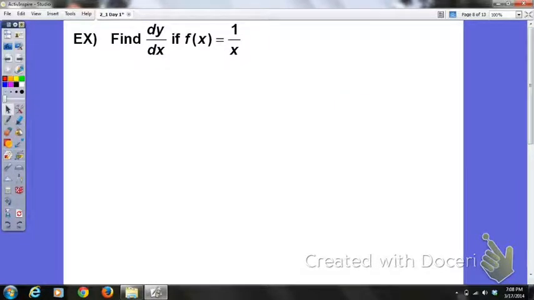Our next example asks us to find dy dx, the derivative of y with respect to x, if our function f of x is equal to 1 over x. Currently, our only way to find derivatives is to use our difference quotient and find the limit as h approaches 0.